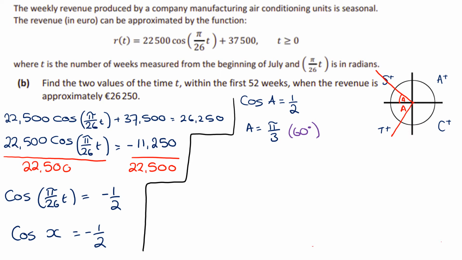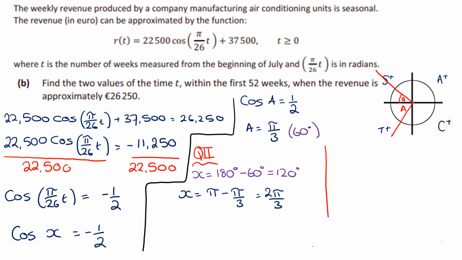Let's make sense of our answer. So let's work in quadrant 2 first. So the x would be 180 degrees take away that 60 degrees, which would have given me 120. But I'm not working in degrees, I'm working in radians. So instead of 180 degrees, I have pi, take away 60 degrees, which is pi over 3, which gives me 2 pi over 3.